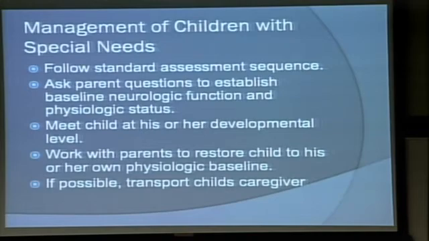If they're a 12-year-old at the developmental level of a 6-year-old, ask the parent, what's the normal speech, is he able to follow directions? It's always good, if you can, to transport the child's primary caregiver with the child.